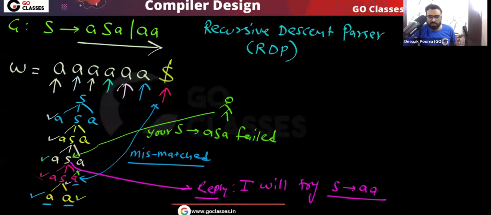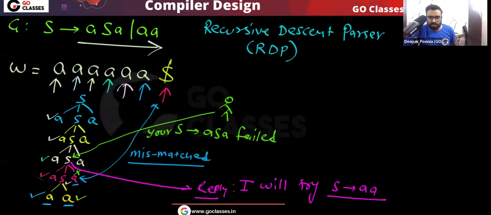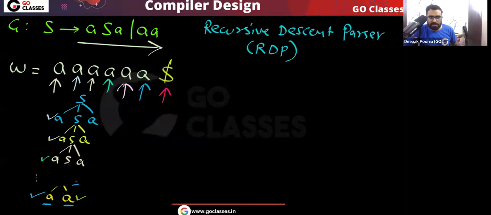Okay, let's remove everything. Now this S will try S going to double a. But remember, before trying, on the input, where are we?